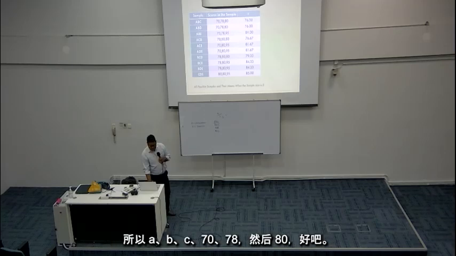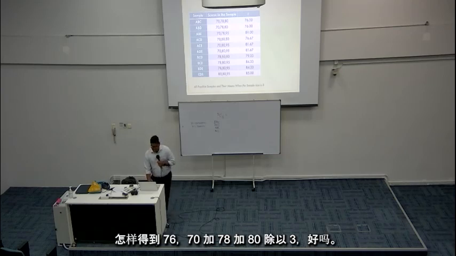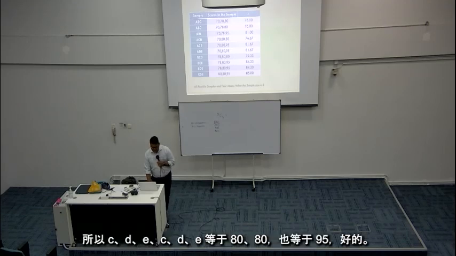Okay, altogether we have 10 samples. ABC is 70, 78, and 80. So X bar is equal to 76. How do we get 76? 70 plus 78 plus 80 divided by 3. Then CDE is 80, 80, and 95.